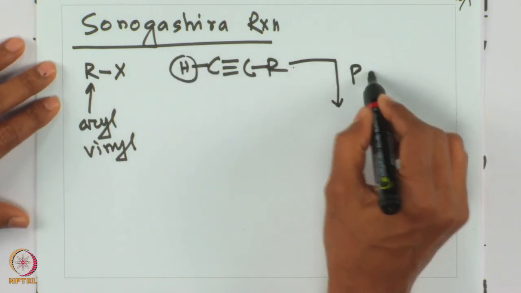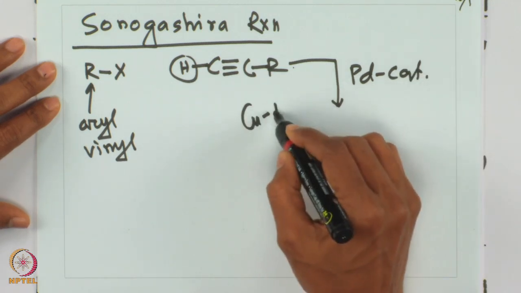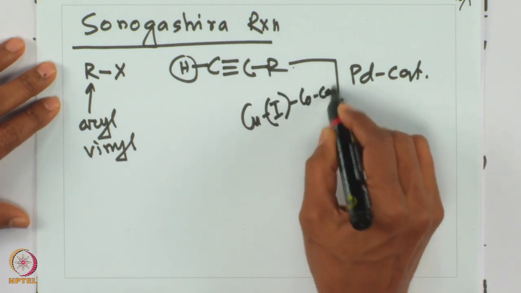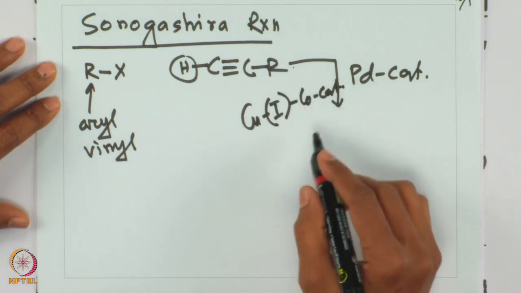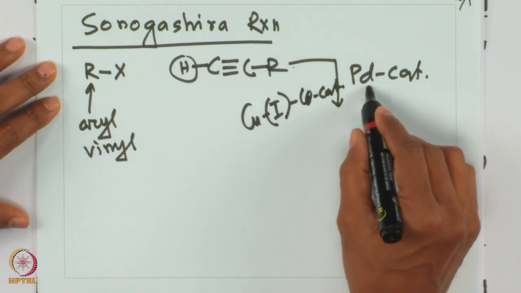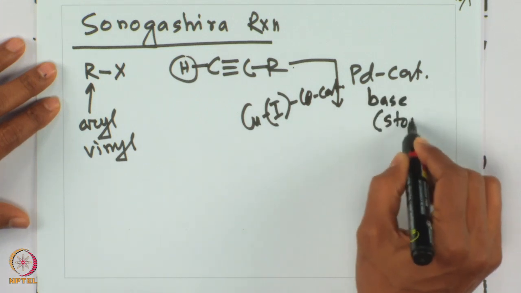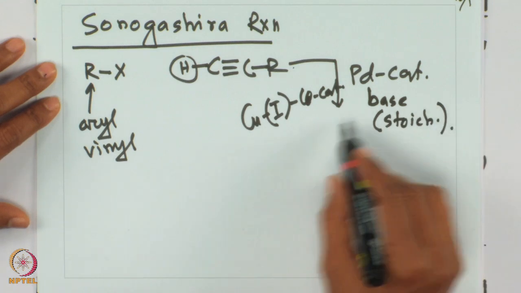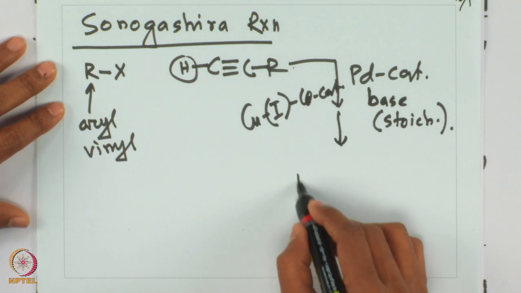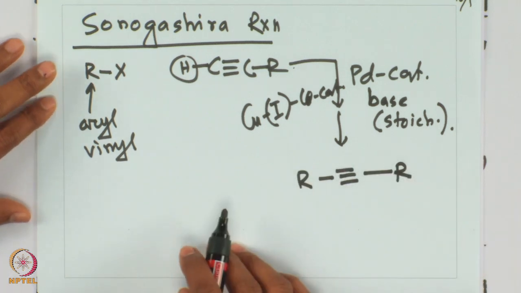Overall, you need a palladium catalyst, though nowadays a lot of variations are there, a copper(I) co-catalyst, not cobalt, this is a co-catalyst, and a base which is usually used in stoichiometric amount, for example triethylamine and so on. Overall you get the product formation which is an internal alkyne.